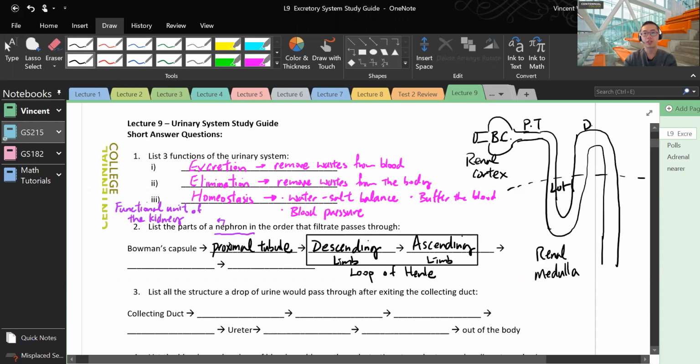And over here we have the distal tubule. And finally, we have the collecting duct.